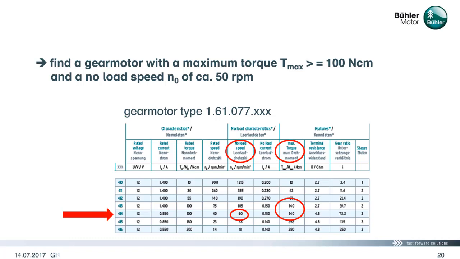We can see that 61077-414 fulfills the torque requirement. T sub Lg is less or equal Tmax. This means Tmax of the 61077-414 is more than 100 Newton centimeters.